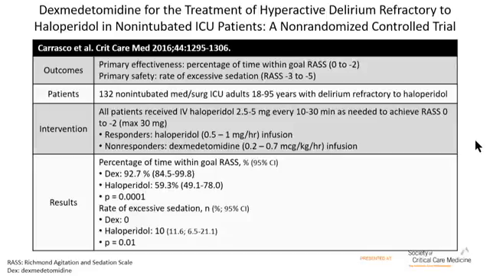So for the percentage of time within goal RASS, there was a significantly higher percentage of time with dexmedetomidine, as well as essentially minimal to no excessive sedation, which, knowing the characteristics of dexmedetomidine and using it in practice, I'm not entirely surprised by, getting into those deeper RASS goals.